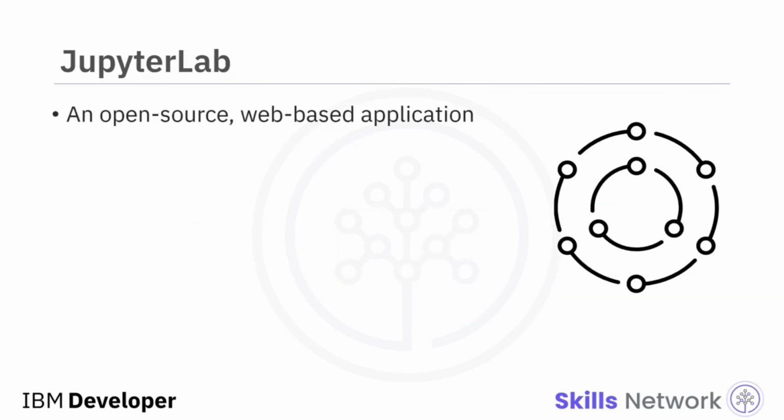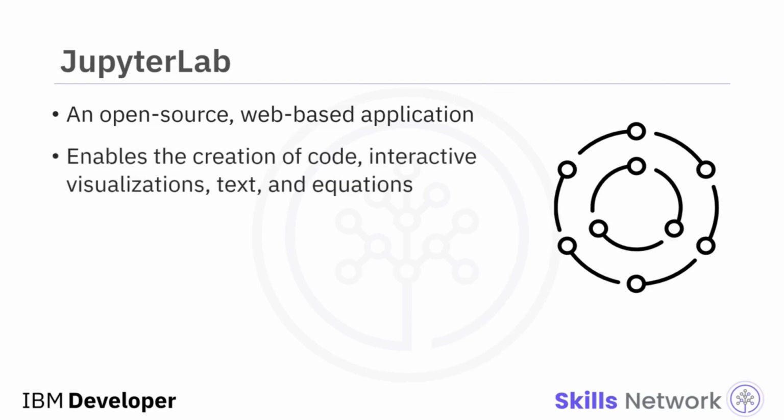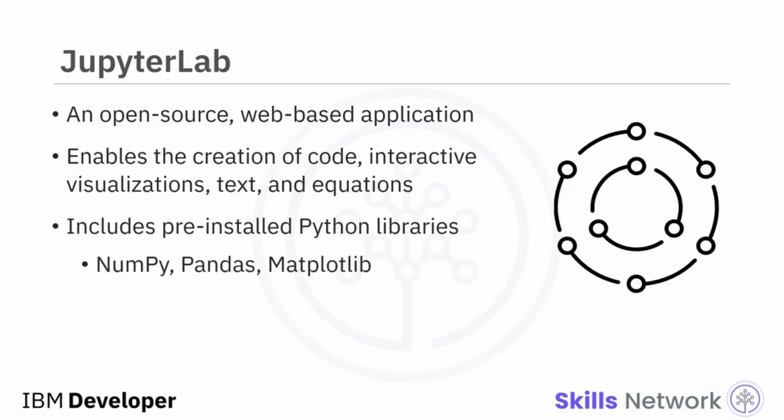Jupyter Lab is an open-source, web-based application based on Jupyter Notebook. You can create code, interactive visualizations, text, and equations just like with Jupyter Notebook. Jupyter Lab includes expanded features with some of Anaconda's most extensive pre-installed Python libraries, including NumPy, Pandas, and Matplotlib.